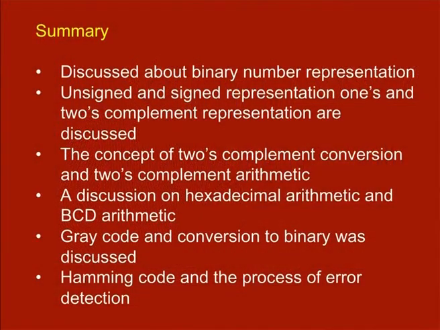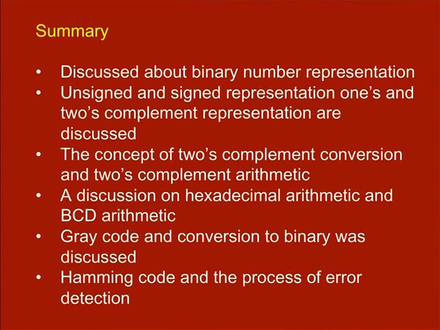So, viewers, in this lecture whatever we discussed can be summarized in the following few important points. We started the discussion with binary number representation, which includes unsigned, signed, ones and twos complement representation. Then we discussed the concept of the twos complement method and the conversion involved in it.